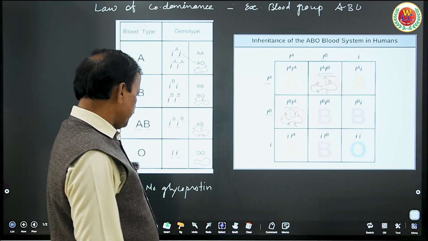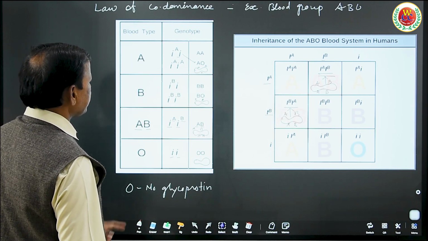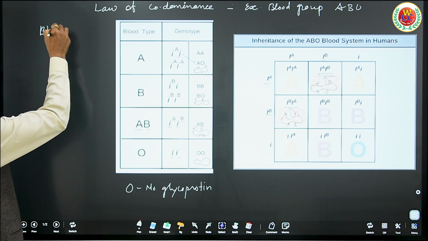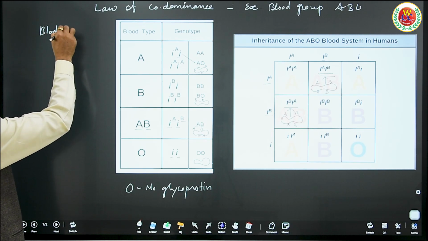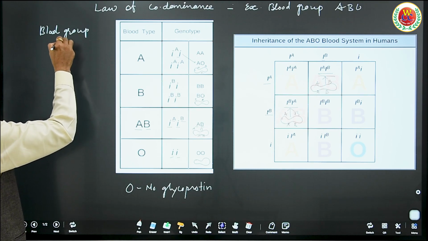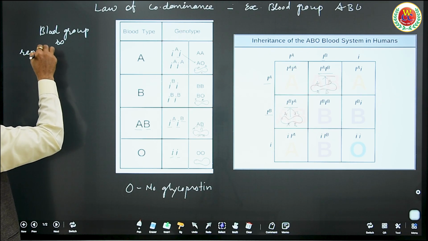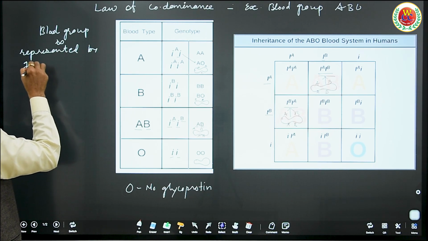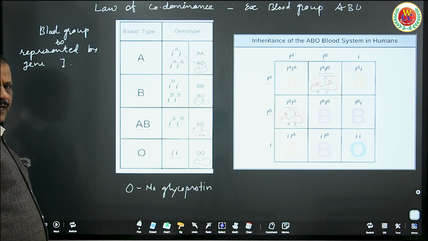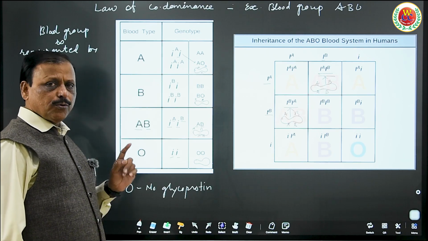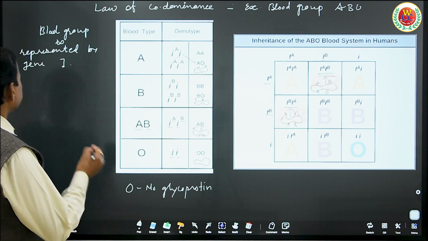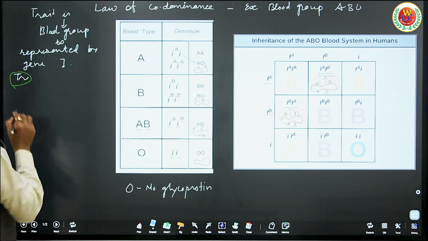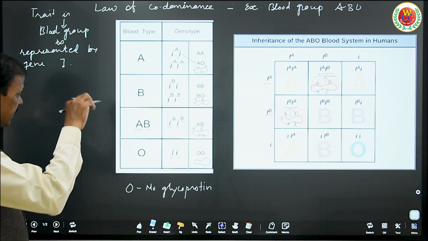Now it is very important to understand that blood group is not only an example of codominance, but also an example of multiple alleles. Blood group is represented by gene I, and there are blood groups A, B, AB and O. The trait is blood group, a single trait controlled by many alleles.